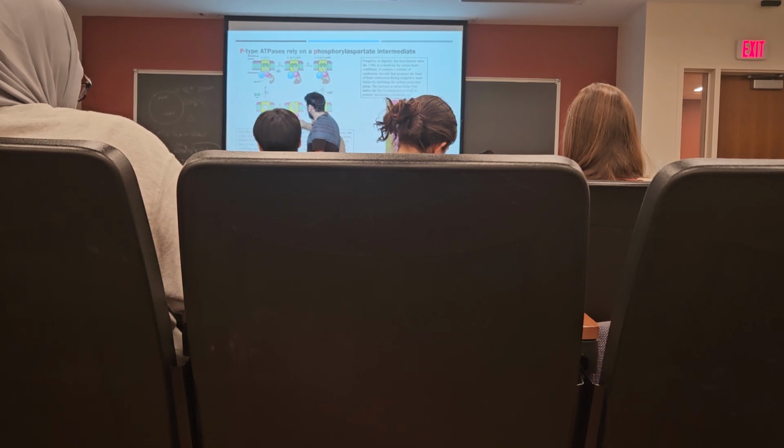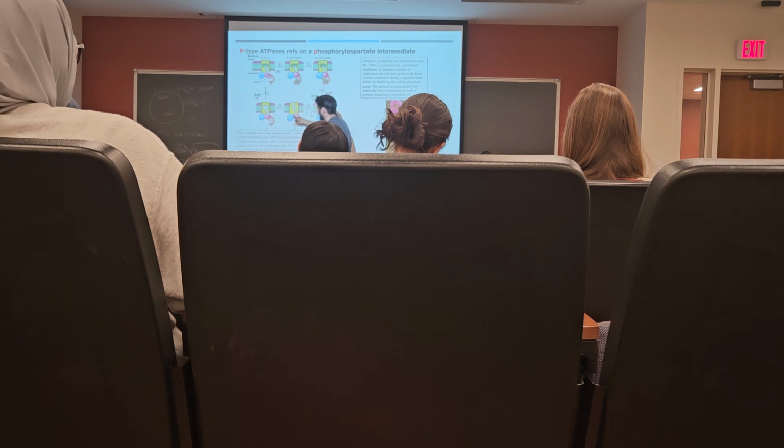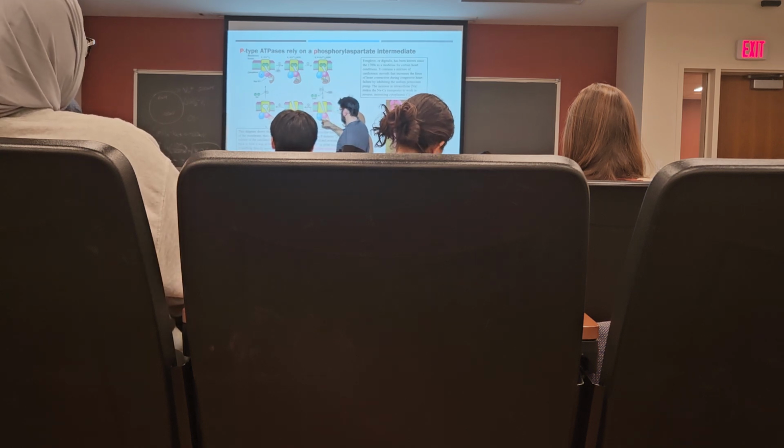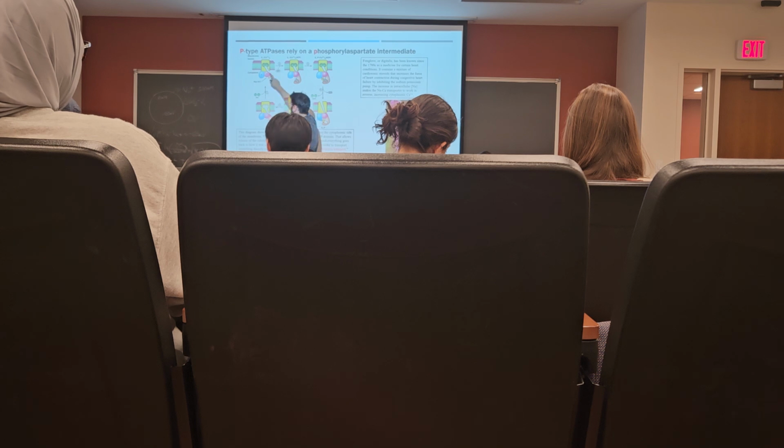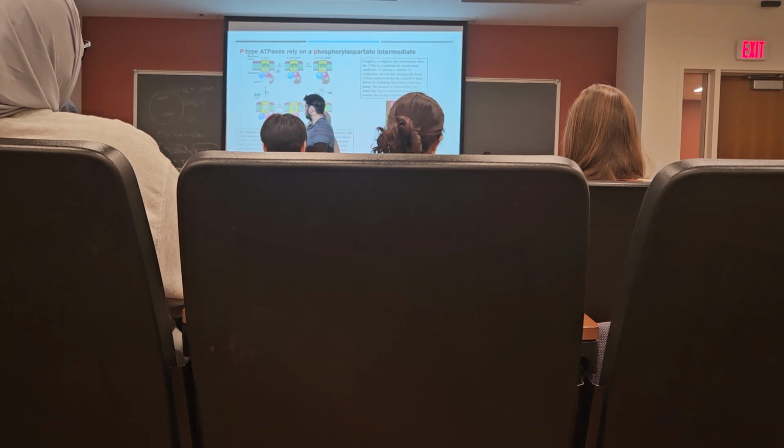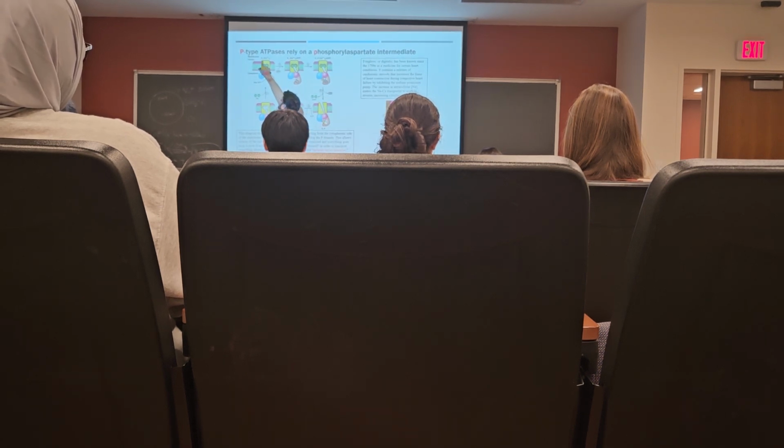With the release of this inorganic phosphate, there's no longer any pressure on this A domain to be as it was here, so this reverts to the way it was, which actuates this back to the way it was, and now we're in the E1 configuration. We're back in the original configuration, ready to bind two more calciums from the cytosolic side, resetting the entire system back to the E1 calcium 2.